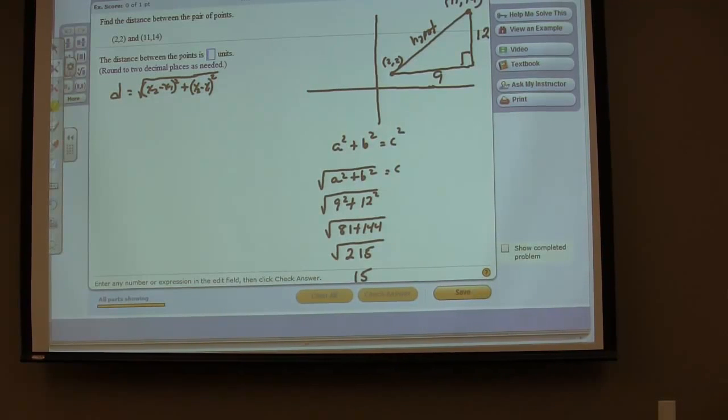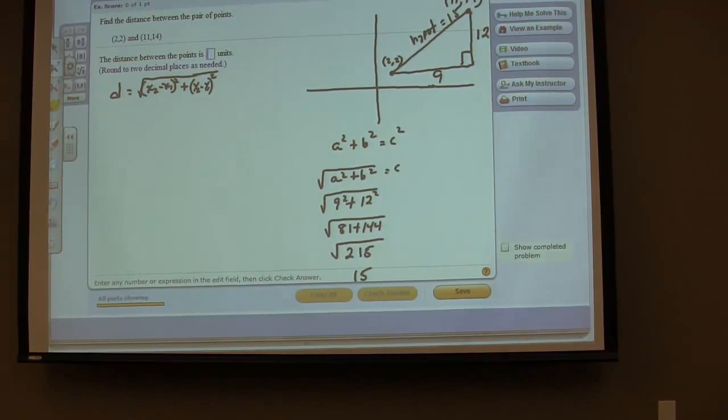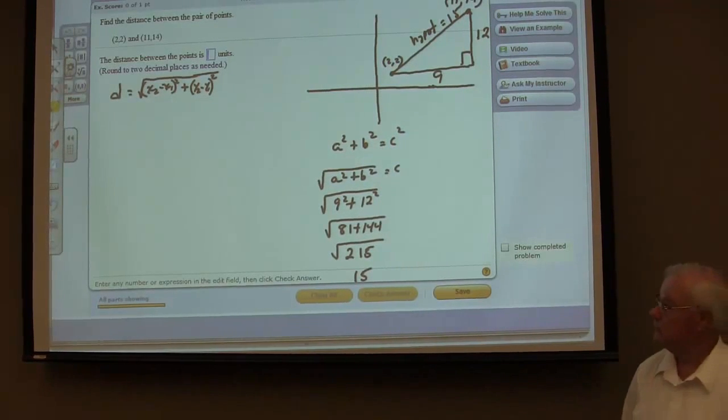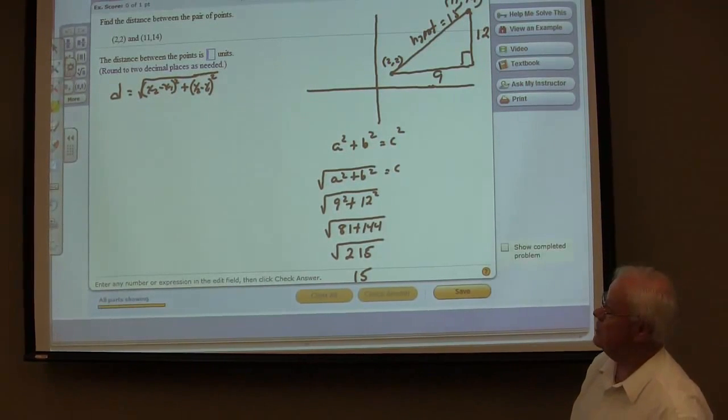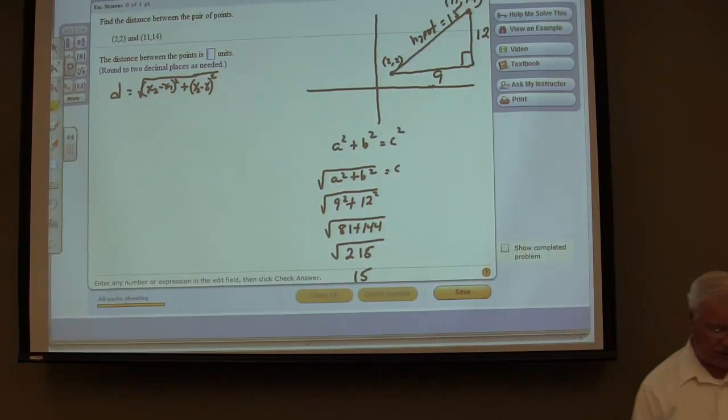So the length of that hypotenuse is equal to 15. So that's how you do that problem. So that's the distance between a pair of points.